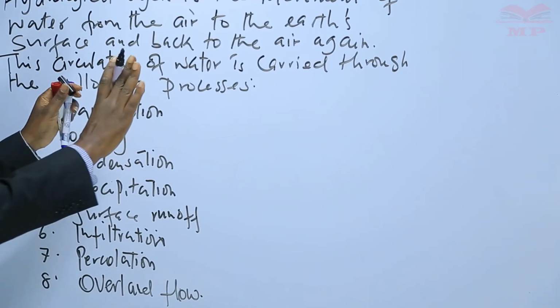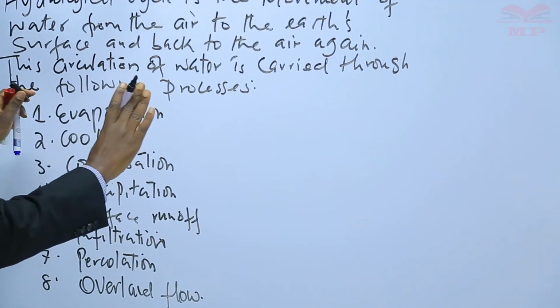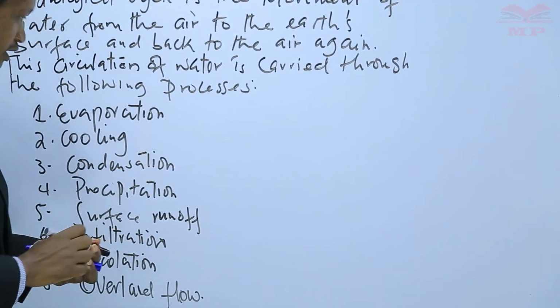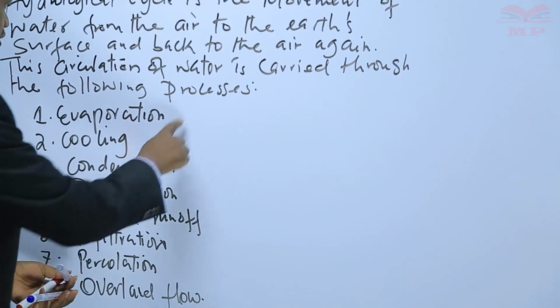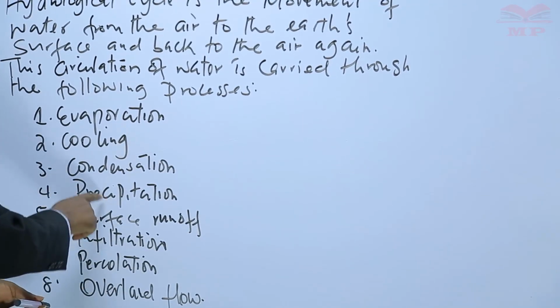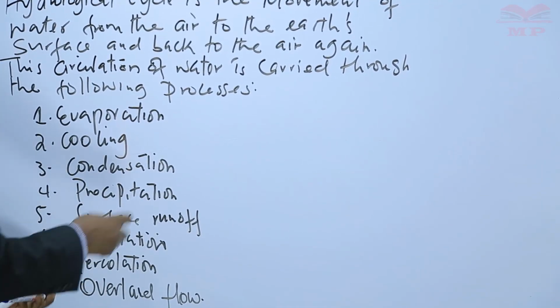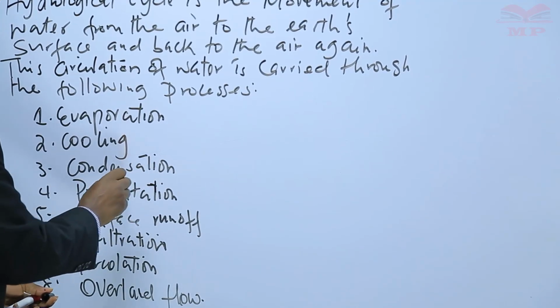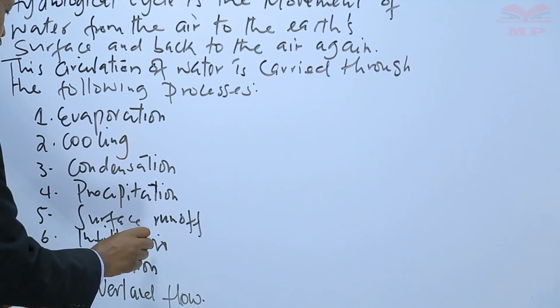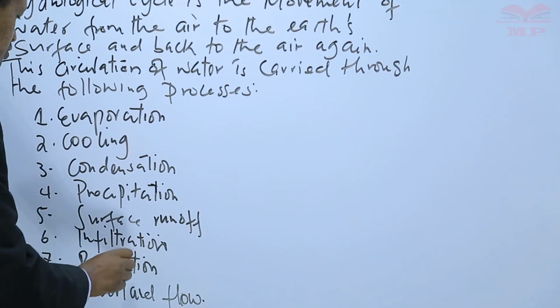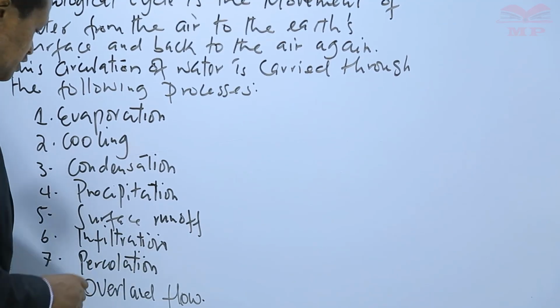This is what we covered in lesson 1. In lesson 2, we're going to explain these processes: evaporation, cooling, condensation, precipitation, surface runoff, infiltration, percolation, and overland flow.